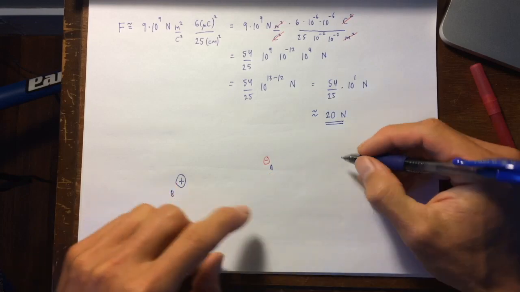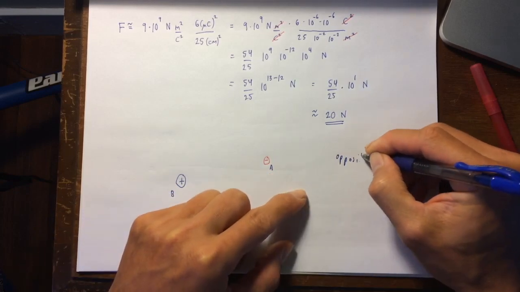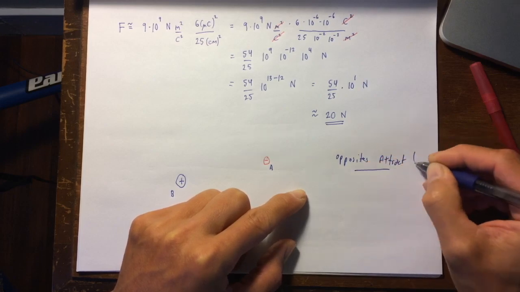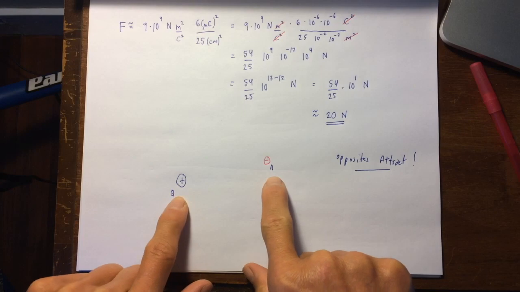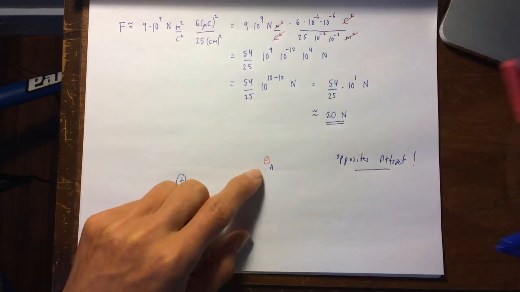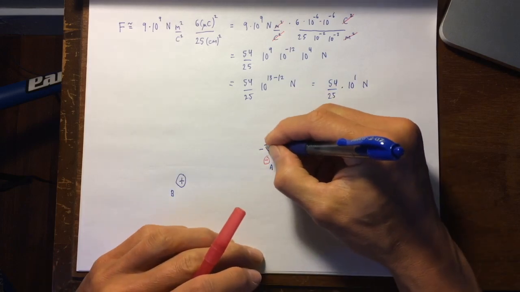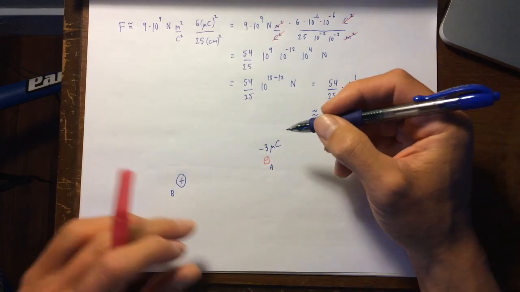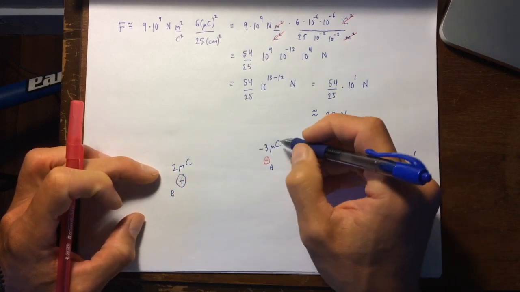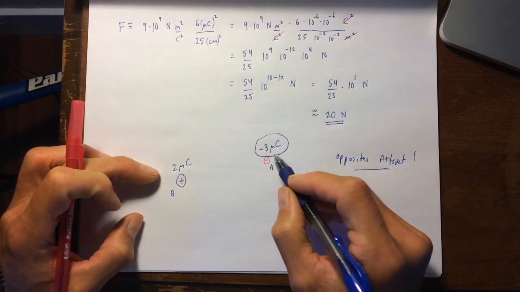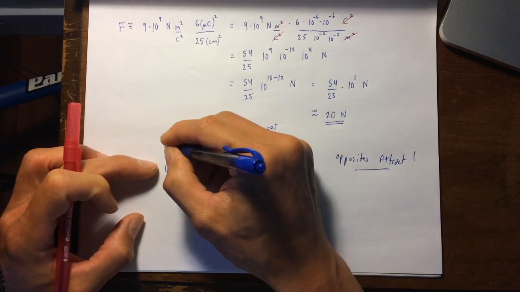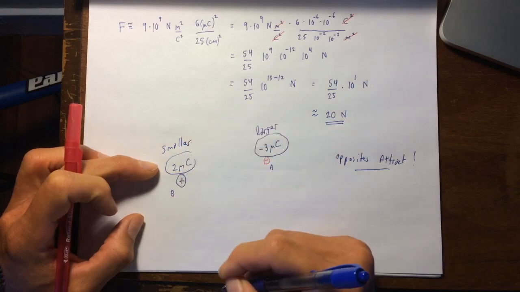So opposites attract. So these 2 charges are attracted to each other. You'll recall that this was -3 microcoulombs, and this was +2 microcoulombs. And you notice that this is the larger charge, and this was the smaller charge.